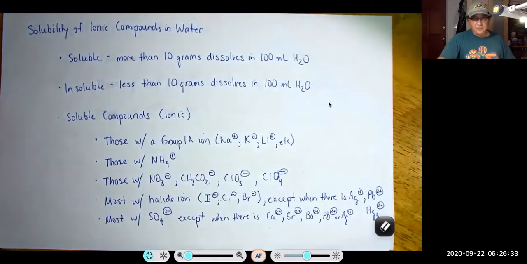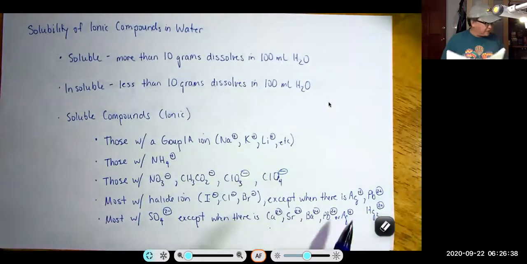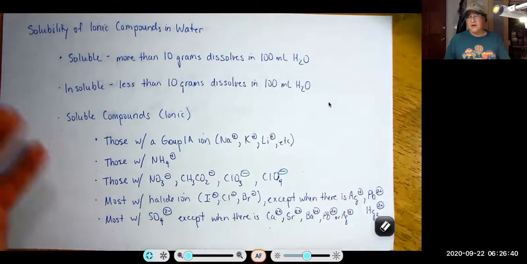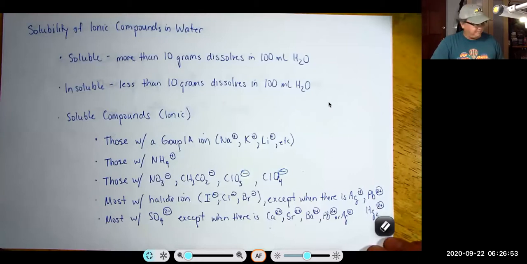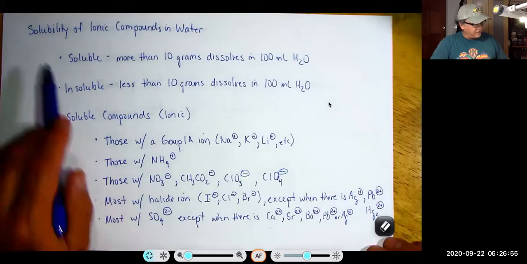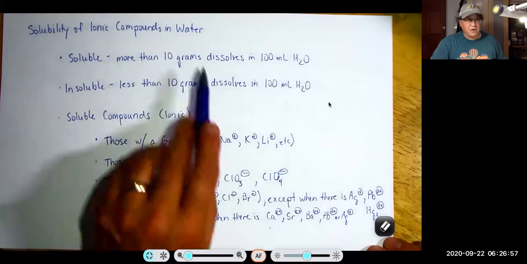So part of this same section about aqueous solutions, we talk about the solubility of ionic compounds in water. And this is going to lead us to the first type of chemical reaction we're going to study, which is called a precipitation reaction. And there will be a precipitation lab. So let's look at the solubility of ionic compounds in water.